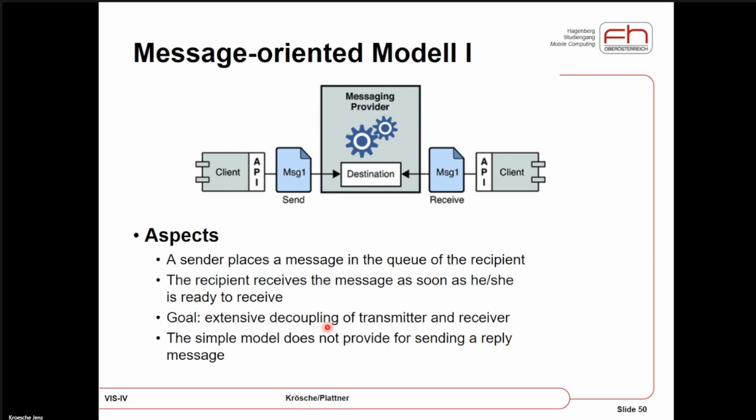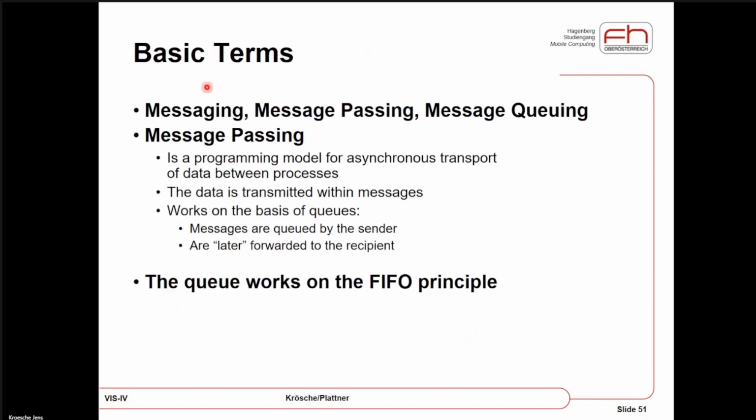So they are not communicating in a synchronous way to establish something. So we use terms like messaging, message passing. We queue messages if there are multiple messages available. Queues may work on a first in, first out principle, or different priorities are involved, stuff like that.